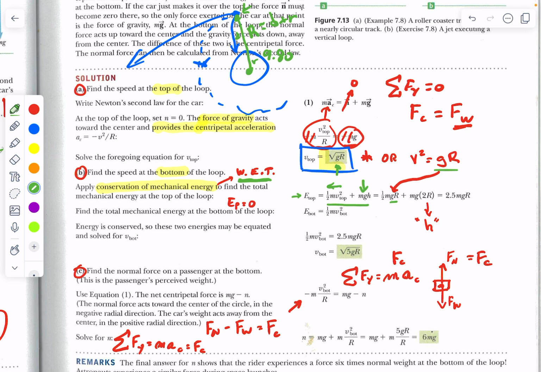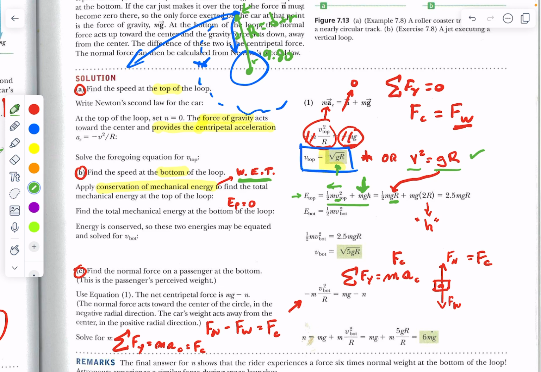Now, substituting in, back up to this equation here, if I take the equation in the blue box and square both sides, I get v squared equals gr. And so I'm going to plug that in for v squared. This v squared, I'm going to plug in gr instead. And then my mgh, the potential energy right here, my height is going to be the diameter of my circle.